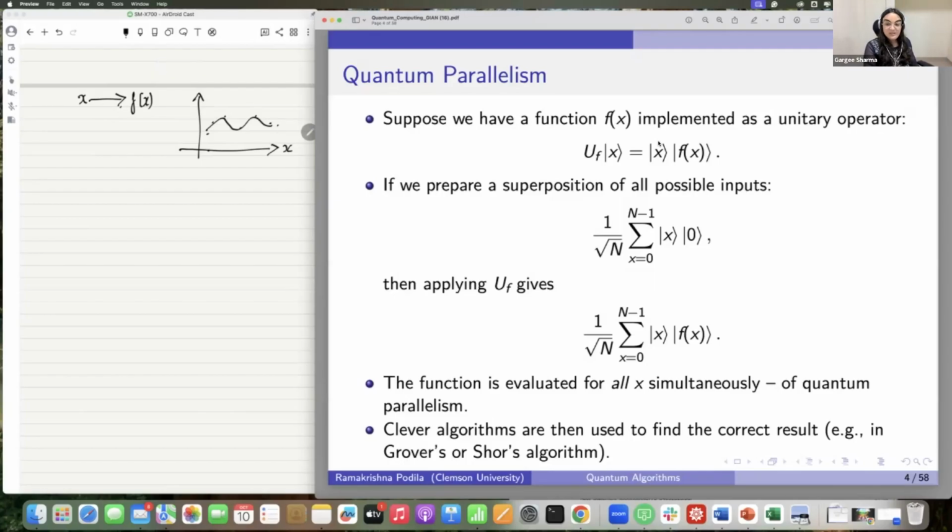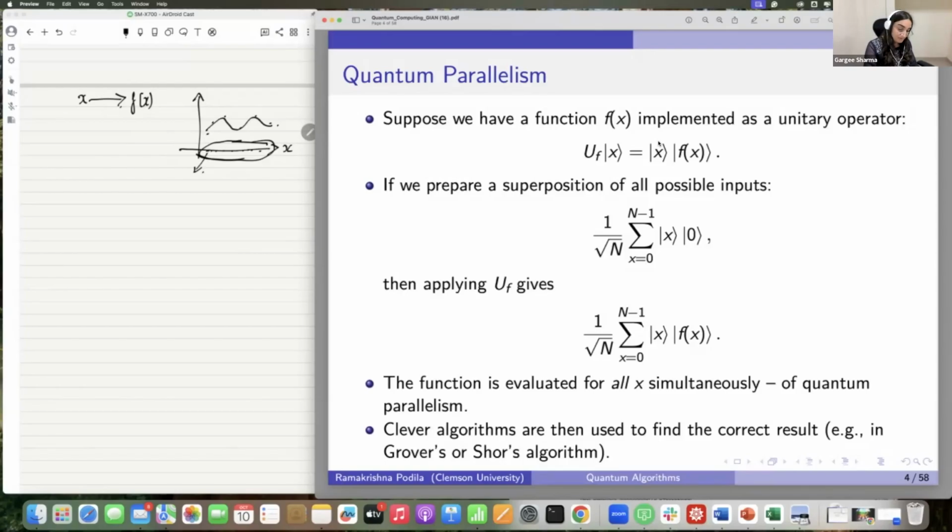But quantum mechanically, what you could do is prepare a superposition state over all these x values. Each x value, for example, could denote a state in your Hilbert space.